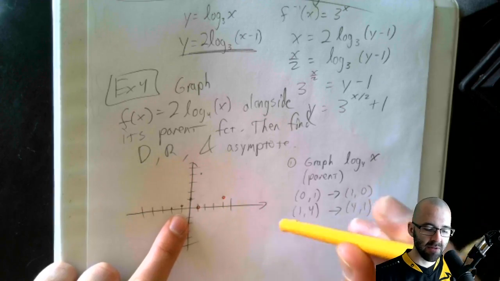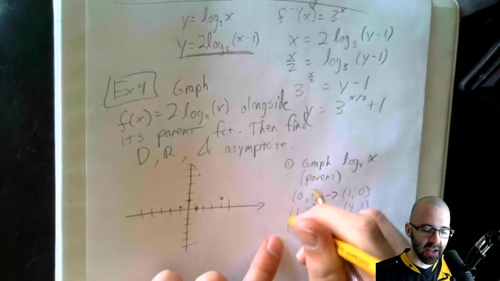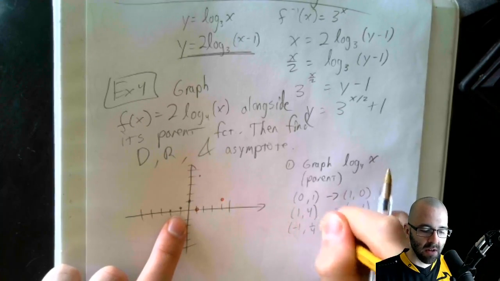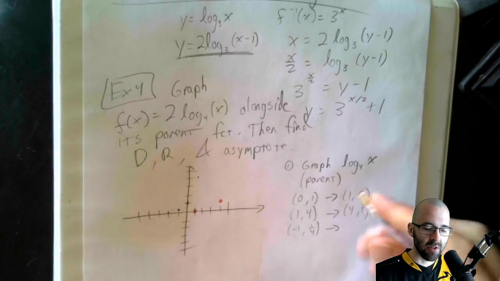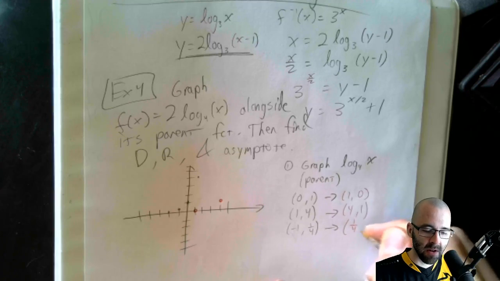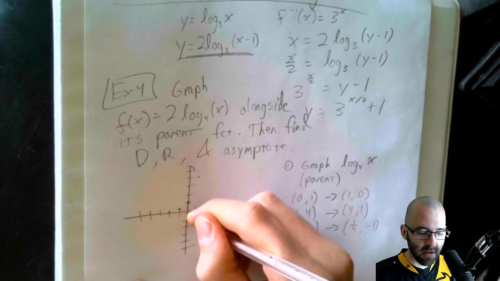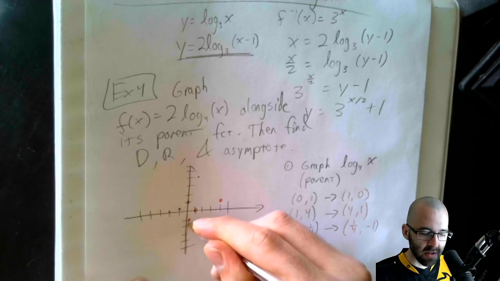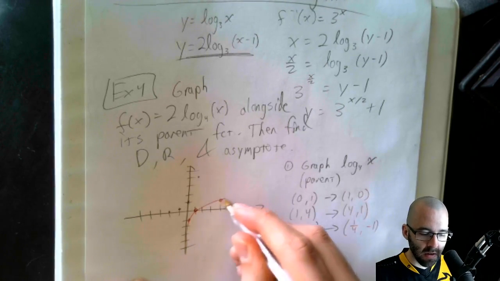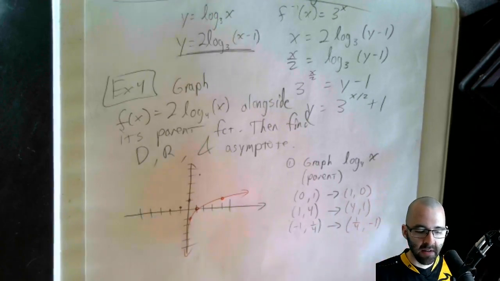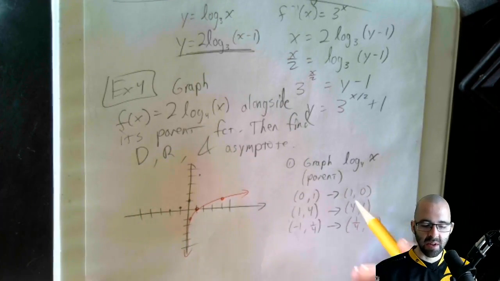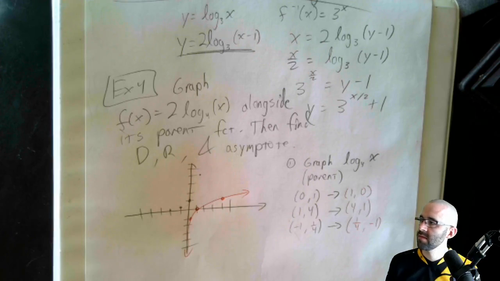I'm getting ahead of myself. This point here is (-1, 1/4). So for the logarithm, that'll be (1/4, -1). And this is our logarithm function. Okay? I'm not actually connecting the dots on the exponential function because we really want the logarithm function.